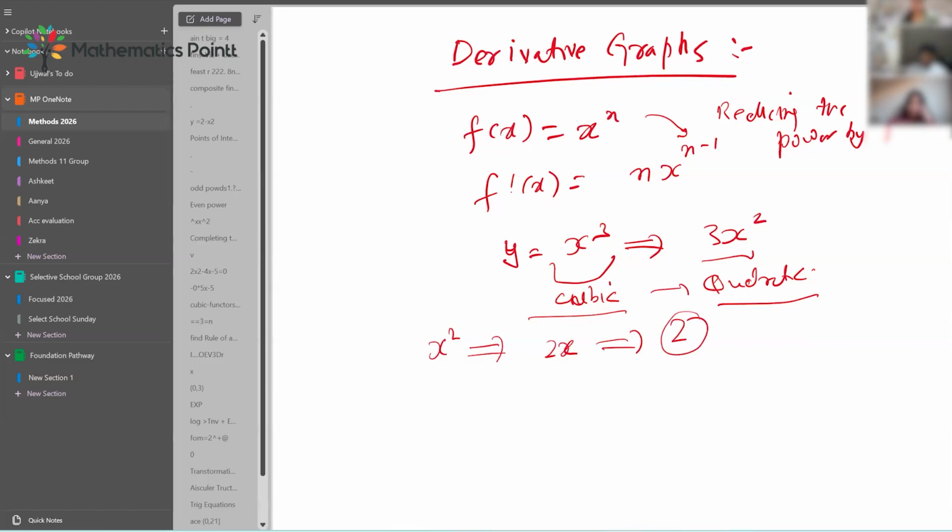And if you have a constant graph, derivative is 0. The slope is 0. Slope of the horizontal line is always 0, right? So just understand that flow, that you just need to go 1 degree down. That's about it. That's number 1.